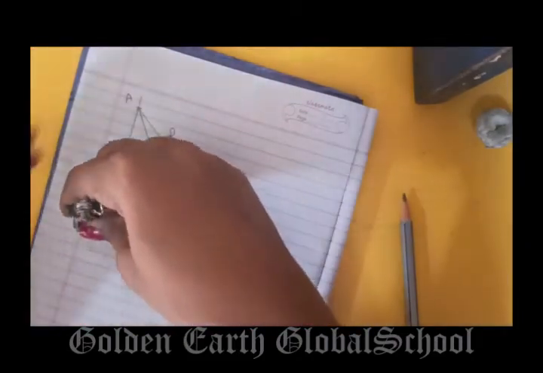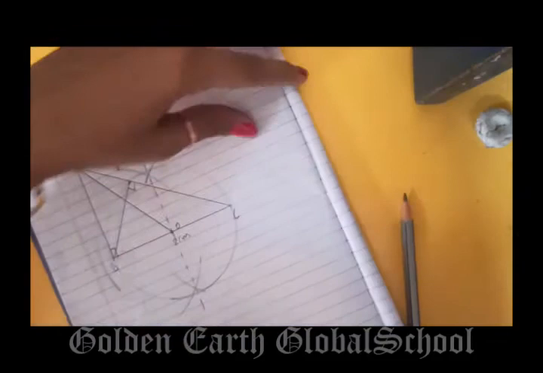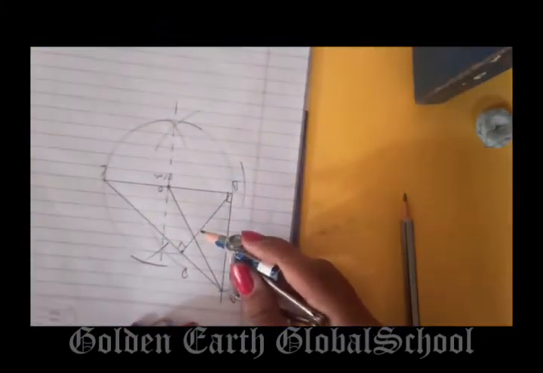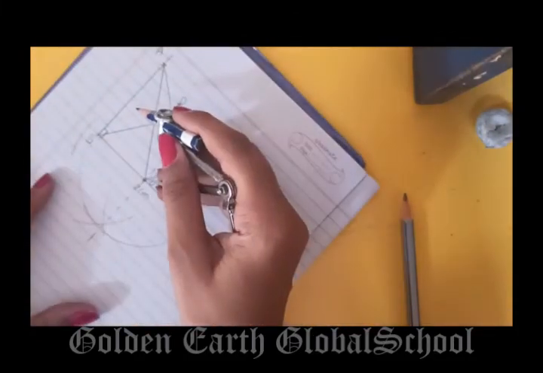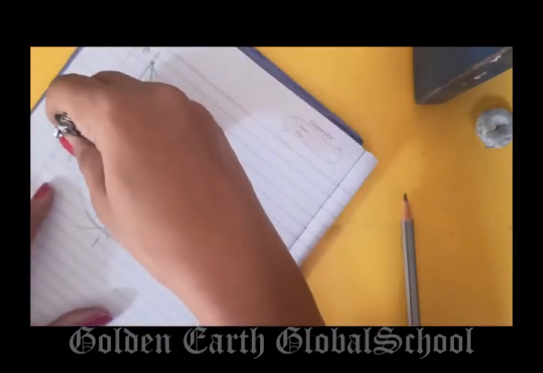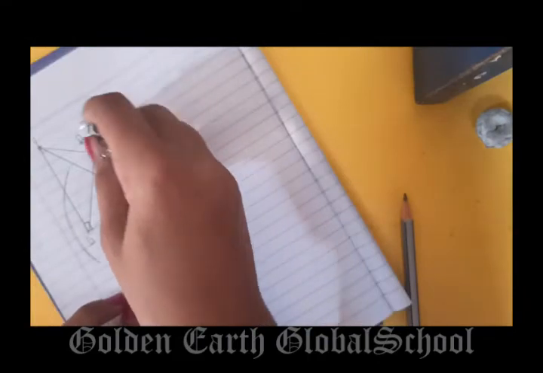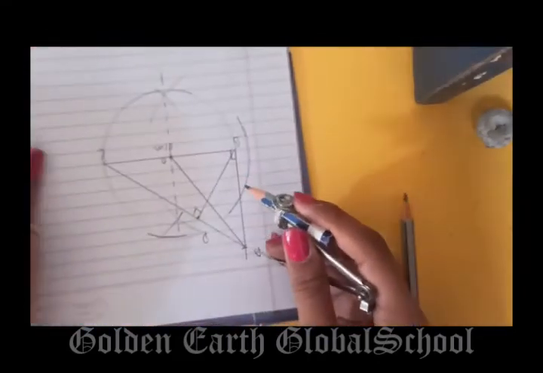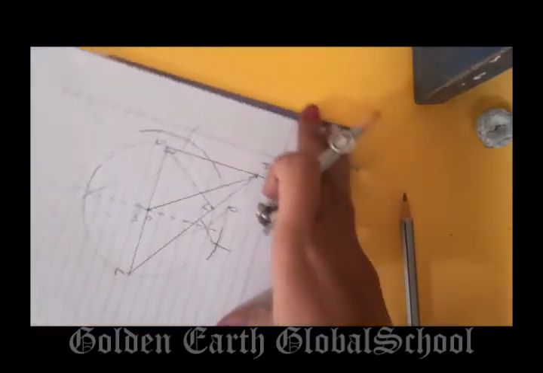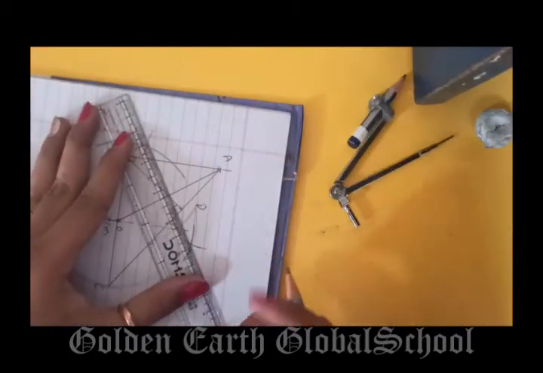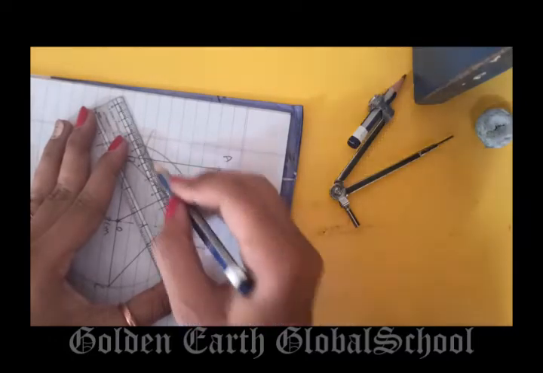Open the compass more than half, and then make the arcs on both sides. Here, so this is the perpendicular bisector of OA.